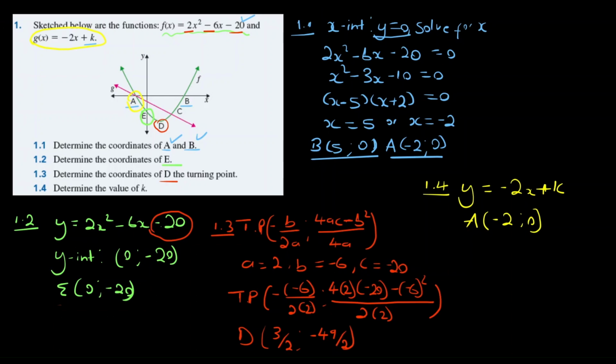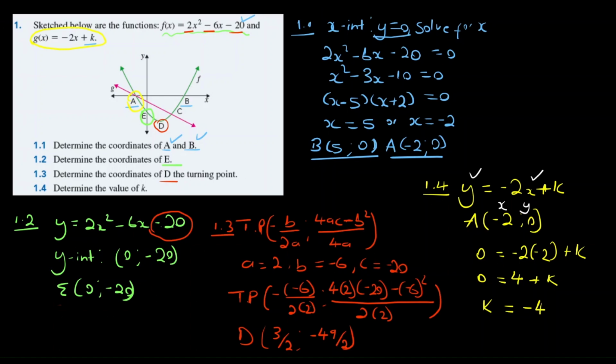So what we can simply do is substitute the x value with this x and the y value with this y, then calculate our k value. So 0 is equal to negative 2 times negative 2, which is 4, plus k. If you make k the subject of the formula, you see that k is equal to negative 4.